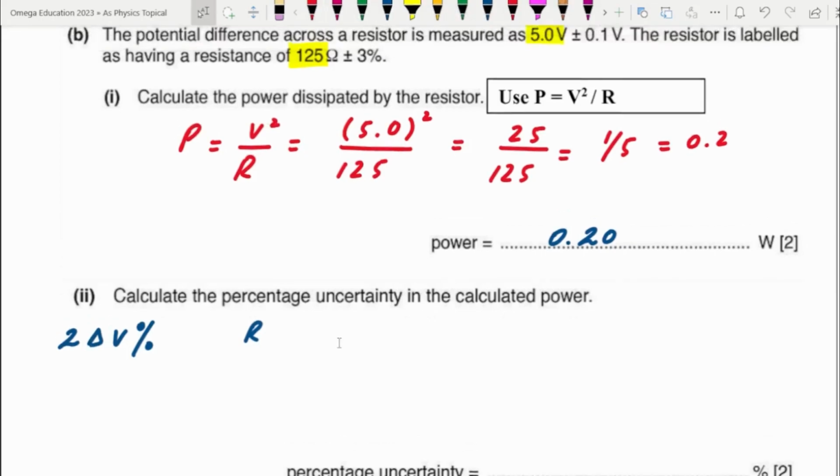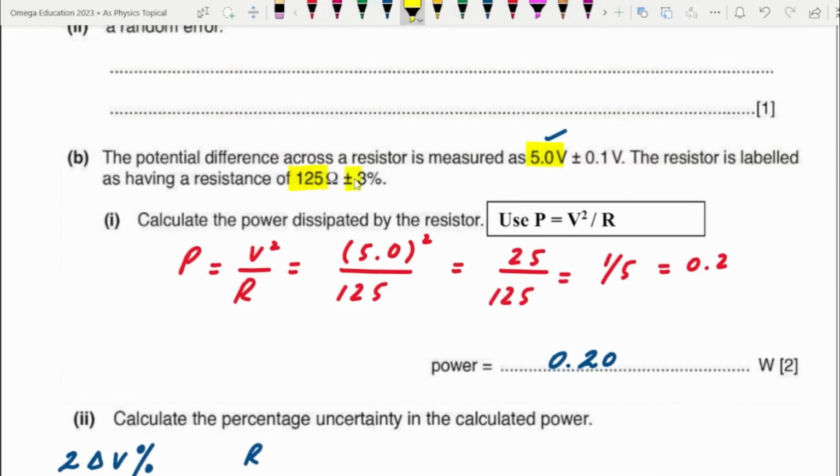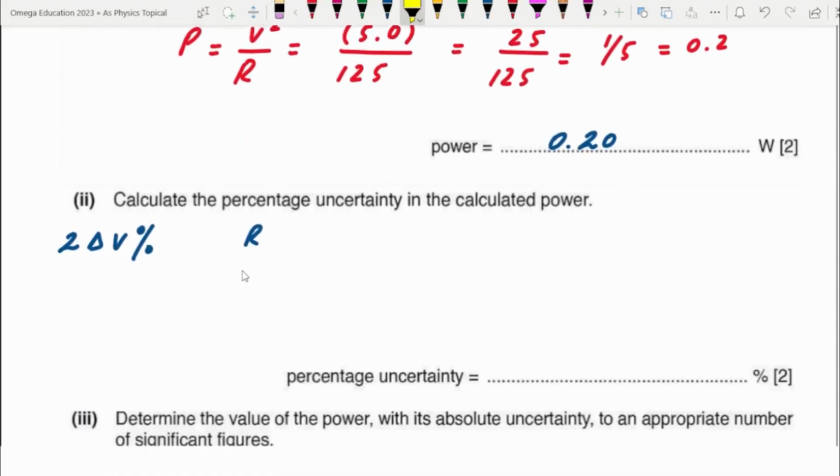Another mistake is many students will try to find the percentage uncertainty in resistance like 3 divided by 125 times 100. No, you're already given the percentage uncertainty, so it's not required to find it once again.